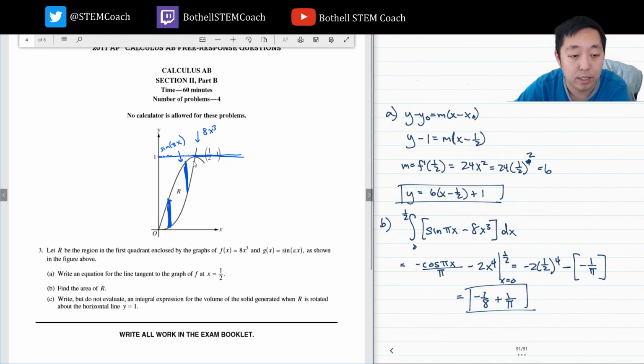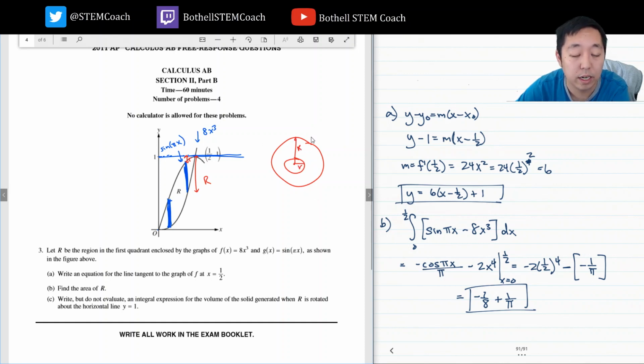Now the disk, I always think of the outer radius, big R, minus the inner radius, little r. It's going to form a disk here with this being big R and this being little r.